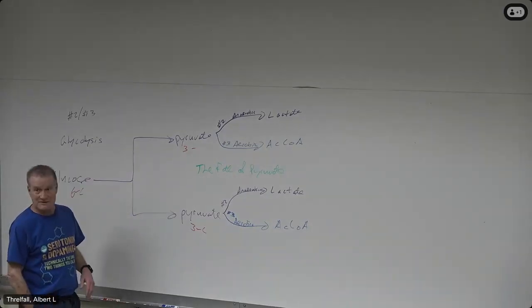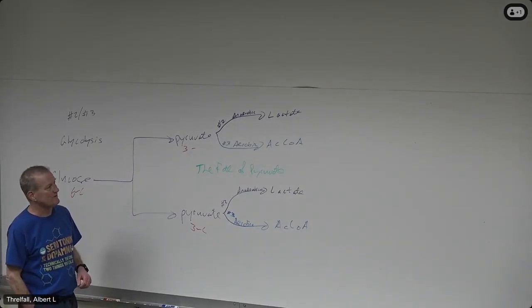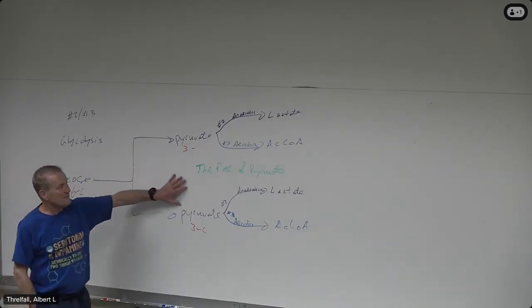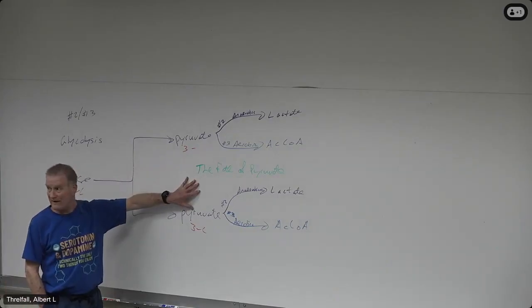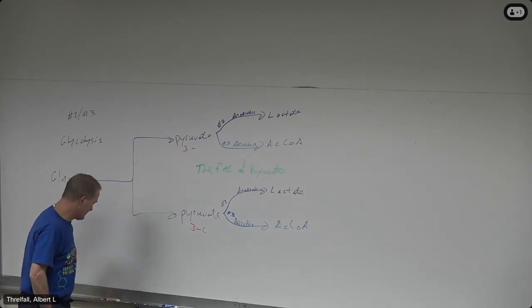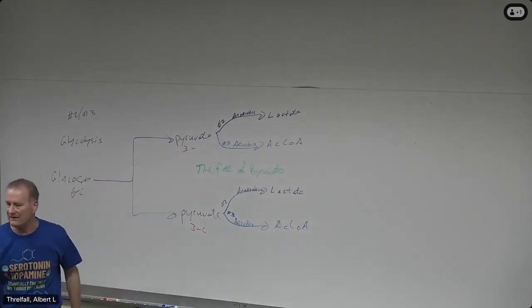But I can't overstress the fact that energy systems 2 and 3 start with glycolysis. We get to pyruvate, and then it is, what is the fate of pyruvate? And it comes down to oxygen availability.